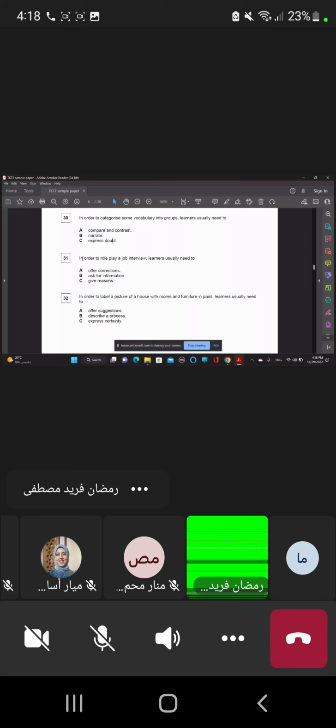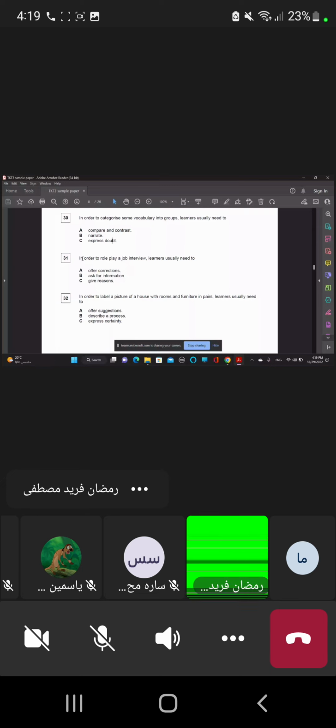But the first one is not correct. Offer correction, of course. Yes, thank you very much. What is the relation between offering correction and a job interview? Ask for information and give reasons, both of them are correct, of course, but A is incorrect, and that's why you will write A in your answer sheet.